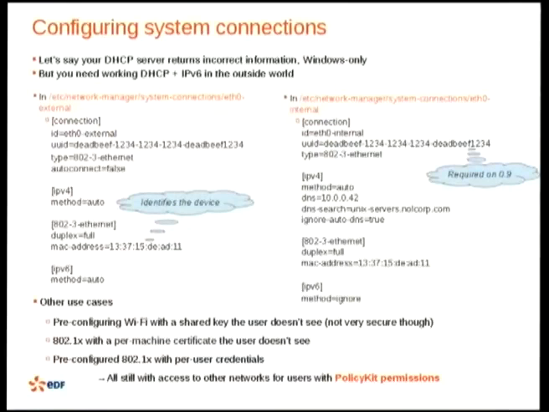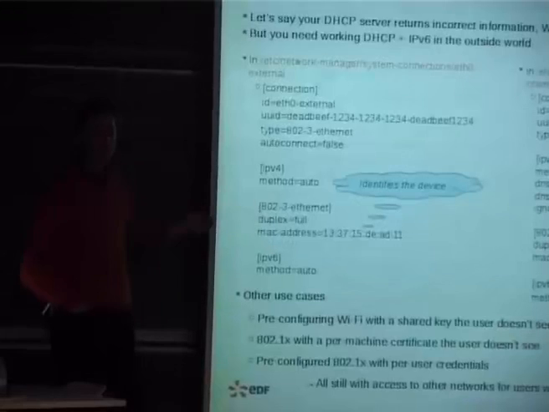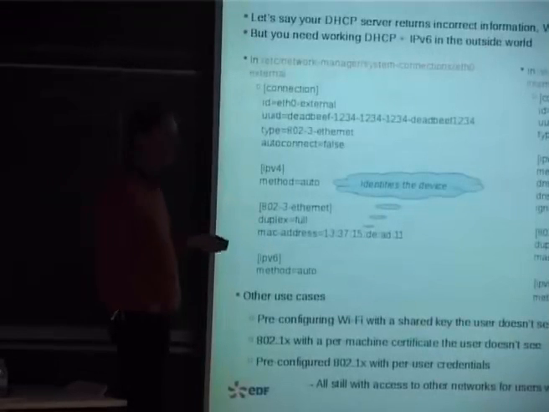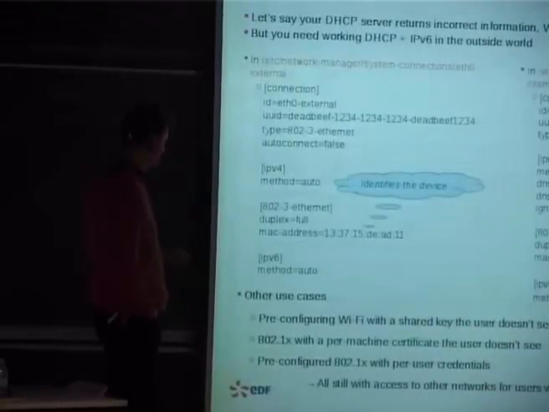So you can set up two system connections, an external connection, which is some kind of a default. So you define an Ethernet connection, which uses DHCP, method is auto. And you have to specify the MAC address, to identify the device, of course. So this Ethernet card.